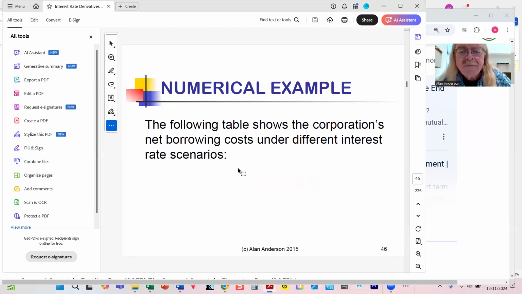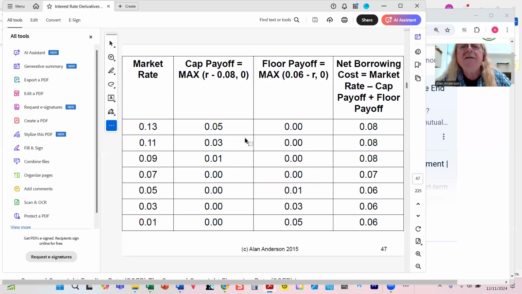So I think I had a little chart here. Yeah, here it is. So just to keep track of this, here's the cap payoff. So we own the cap, so the payoff is positive. Actually, I'm showing these both as positive. At the end, I'll subtract. Okay. So we own the cap. So this is our payoff.